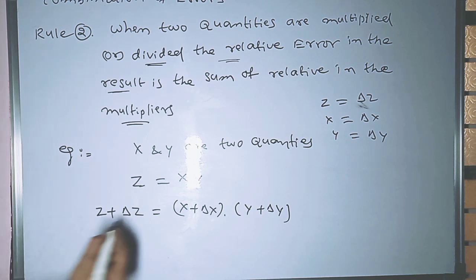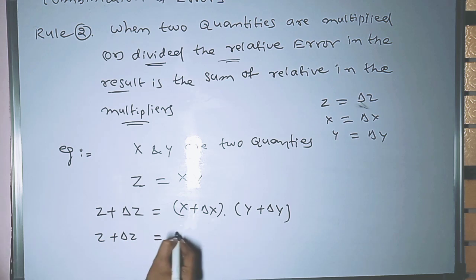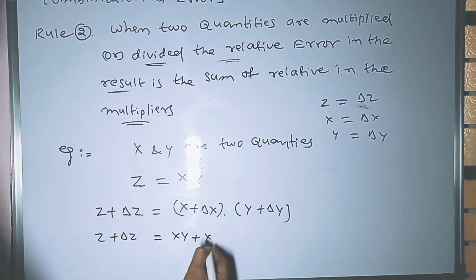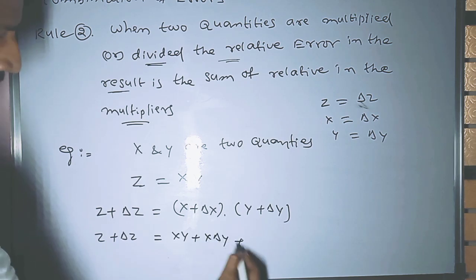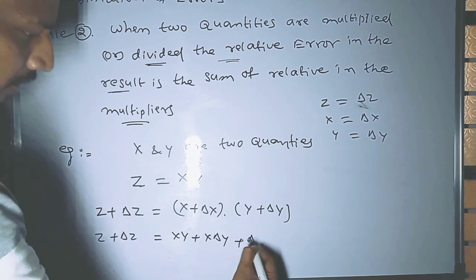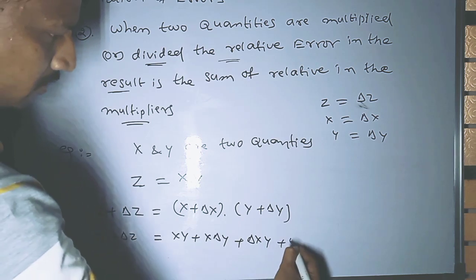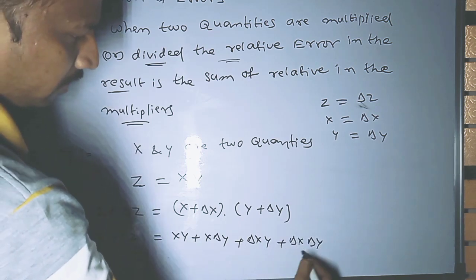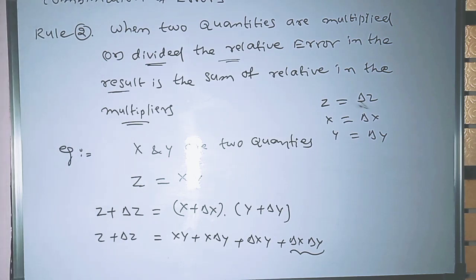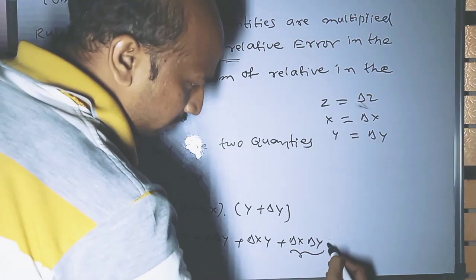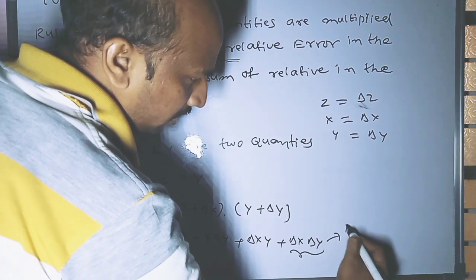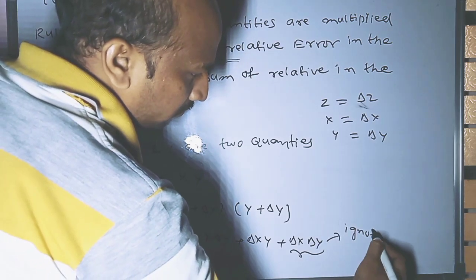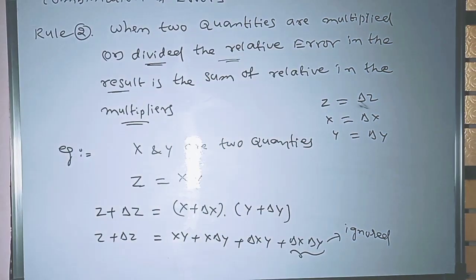So now Z plus delta Z is equal to x into y plus x into delta y plus delta x into y plus delta x into delta y. Here delta x into delta y is a very small value, so we ignore that value.